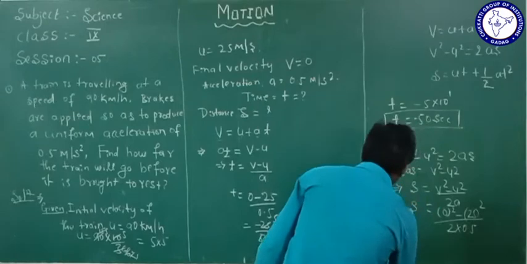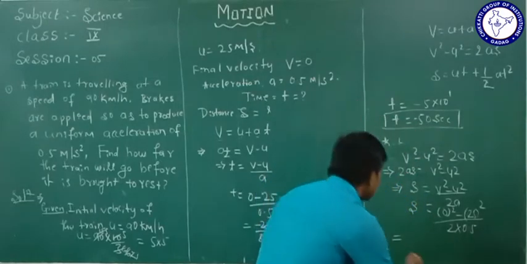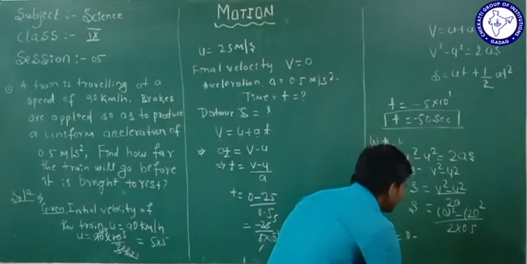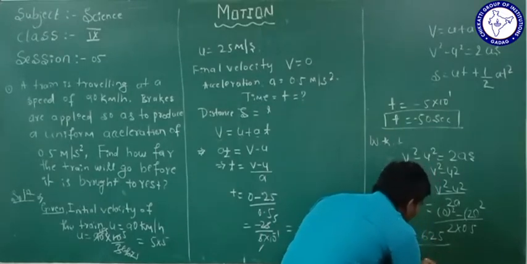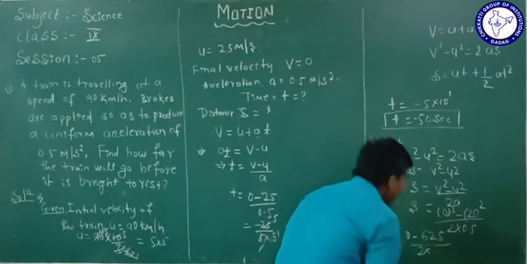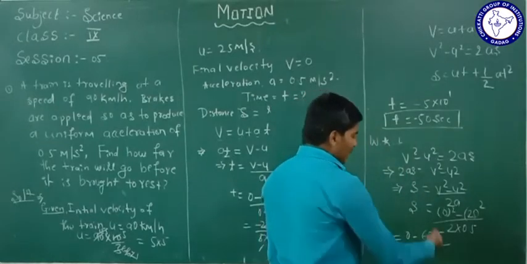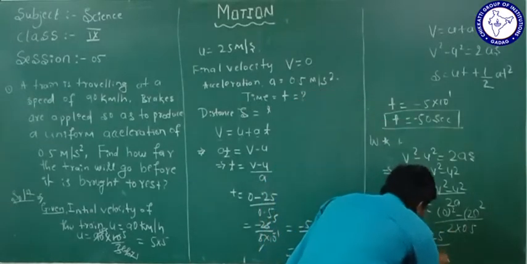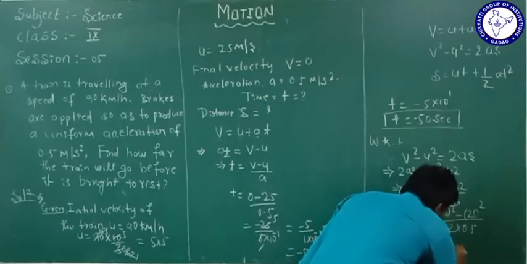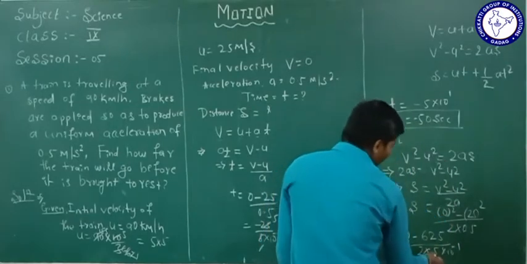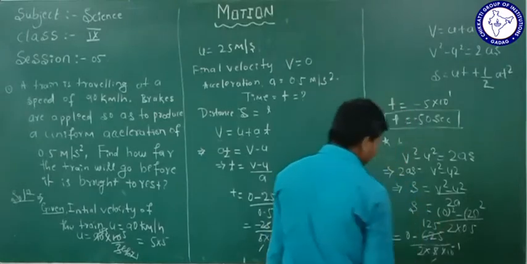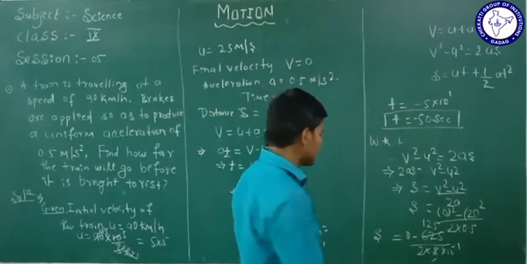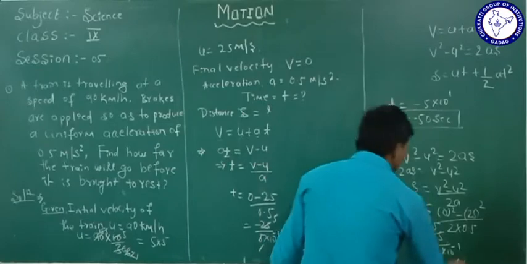That is s is equal to 0 square, 0, minus 25 squared, that is 625, divided by 2 into, again I will write 0.5 as 5 into 10 raised to minus 1.